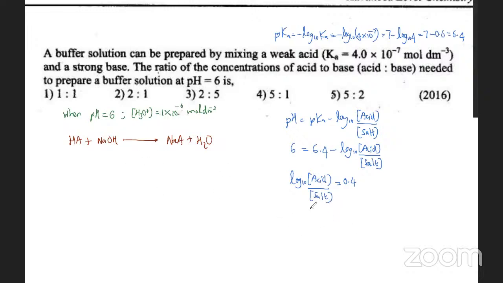Then concentration of acid over concentration of salt is 10 to the power 0.4, the antilog of 0.4. What is the antilog of 0.4?